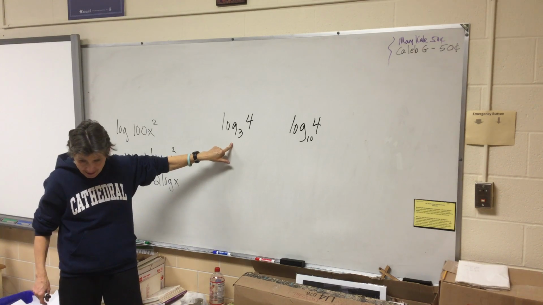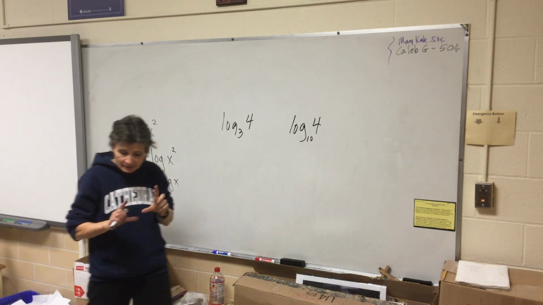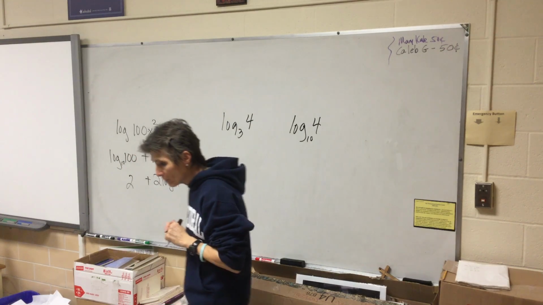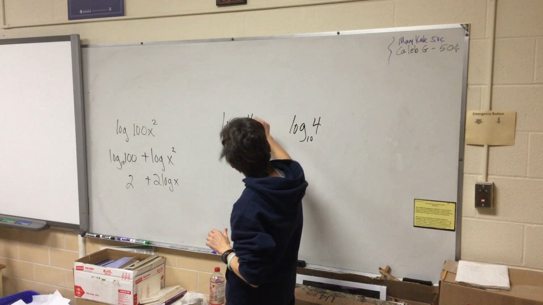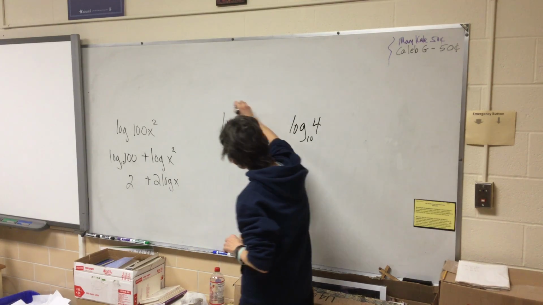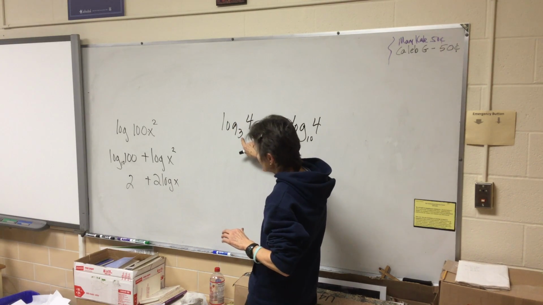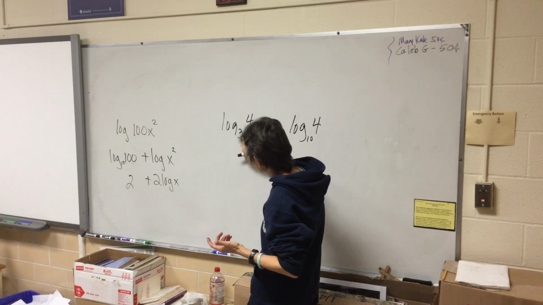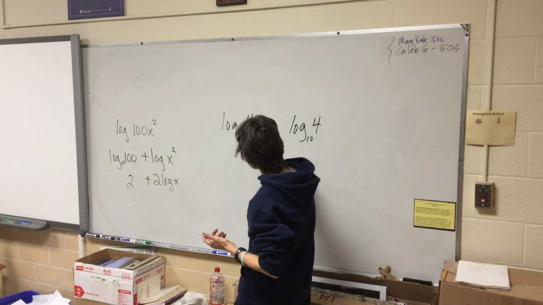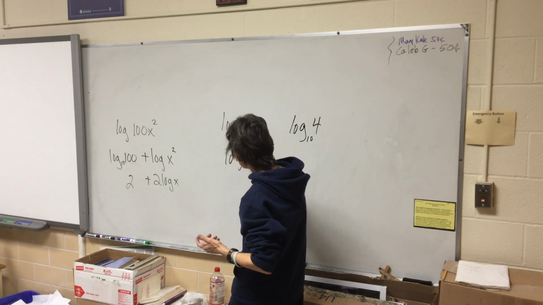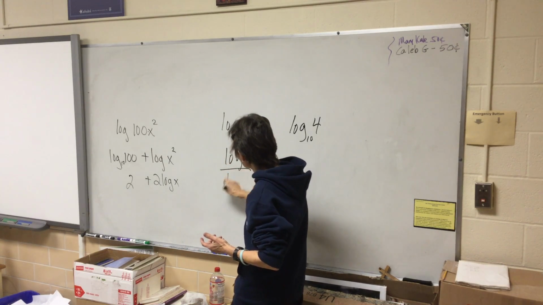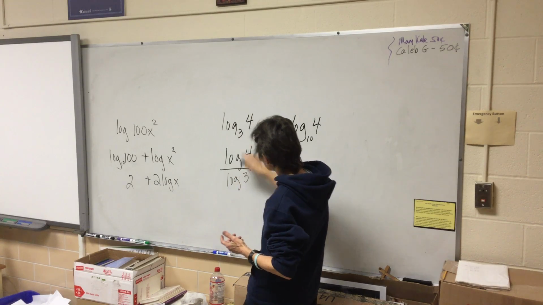So luckily, there is a little formula. It's called the change of base formula, and it's very easy to use. If you want to evaluate a log that you don't have a button for, you do the log of the top number, the log of the big number, the log of 4, and divide it by the log of the bottom number.